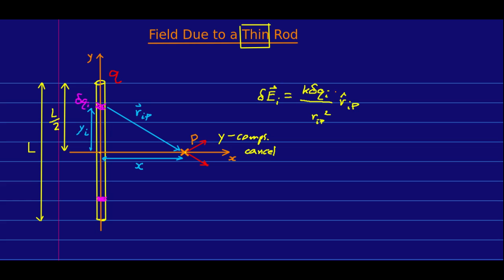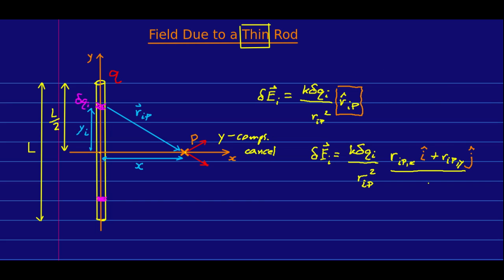So in particular, think about how we get the x components. All right, delta E_i gets all of its vector character from r_iP. And that is going to be r_iPx i hat plus r_iPy j hat, all divided by r_iP.